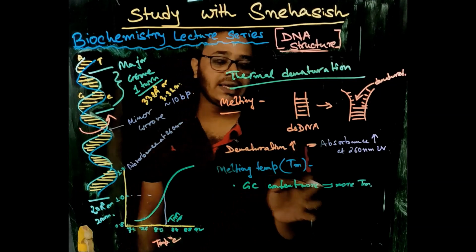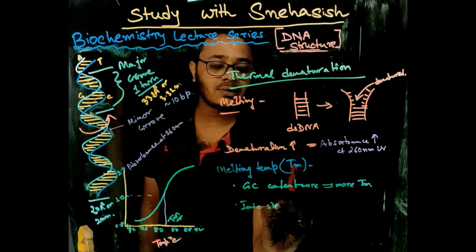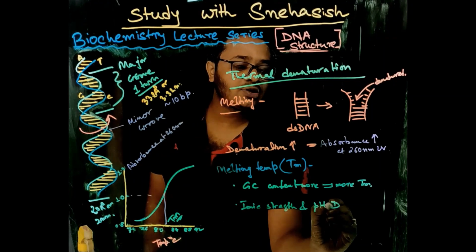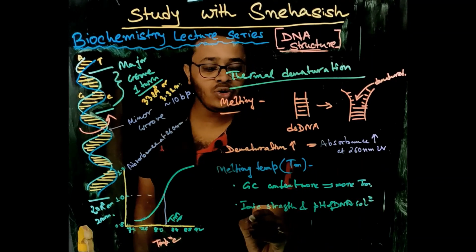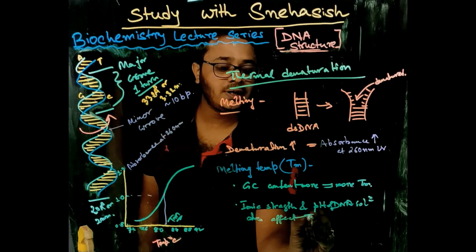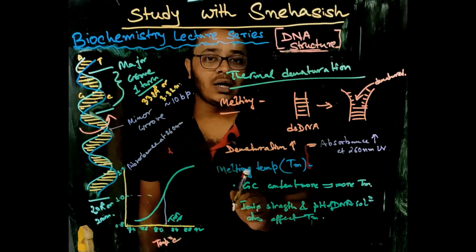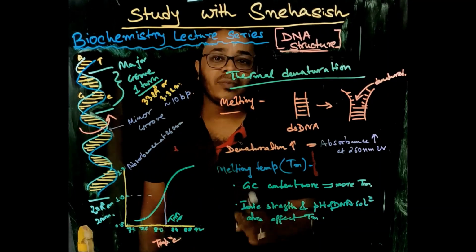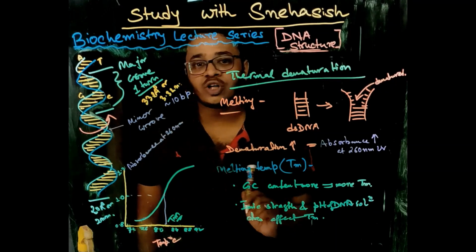In addition to GC content, ionic strength and pH of the DNA solution also affect Tm.